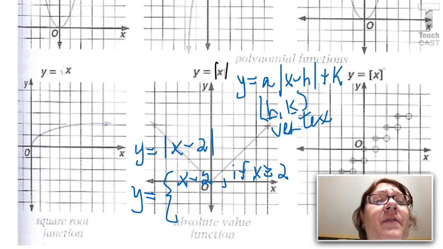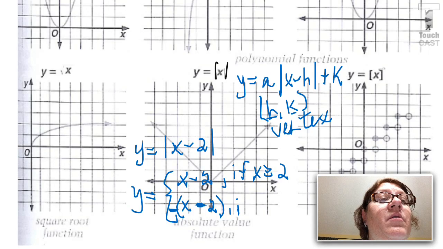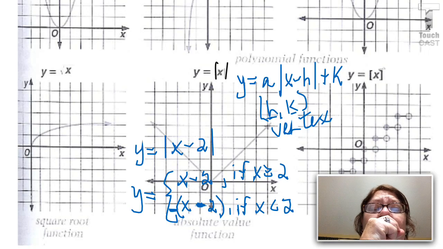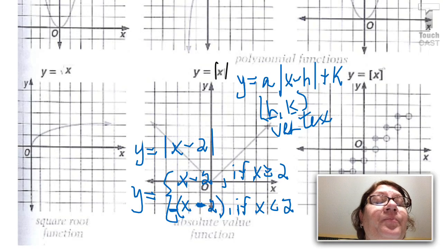And the stuff inside would be negative if x was less than 2. Because if I plug in something that's less than 2, of course this is going to give me a negative quantity, and when I get a negative quantity, I want to take the opposite of that.